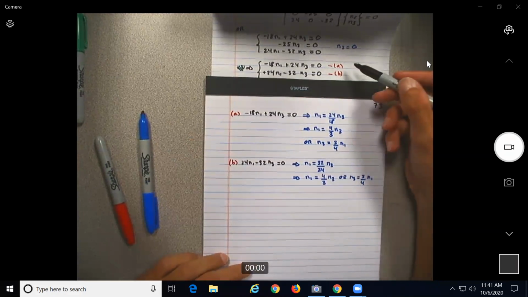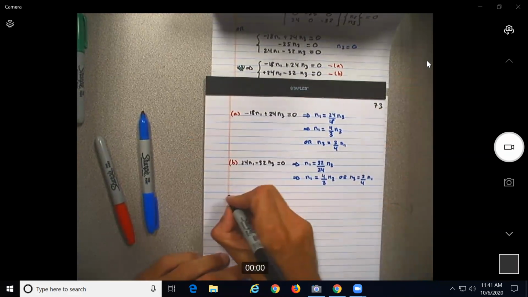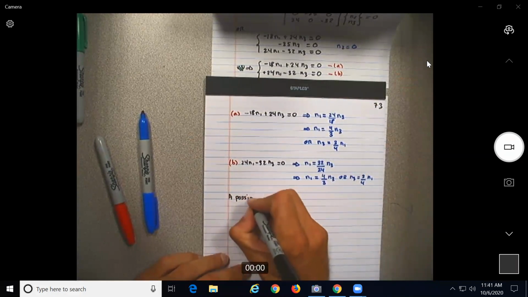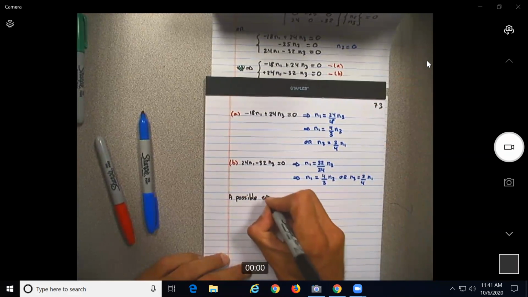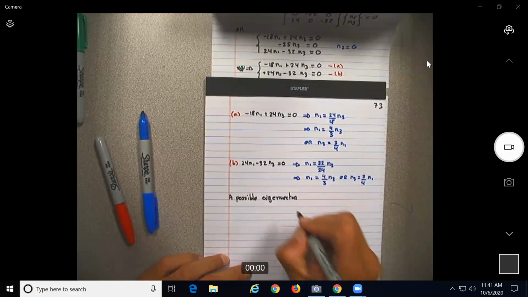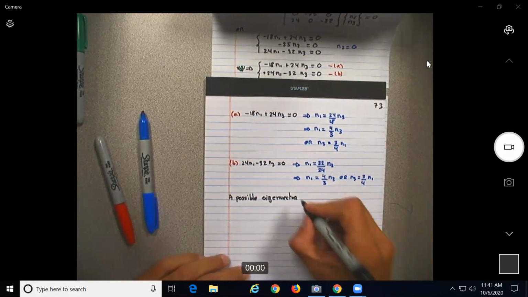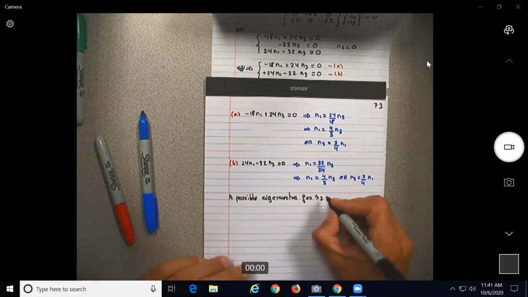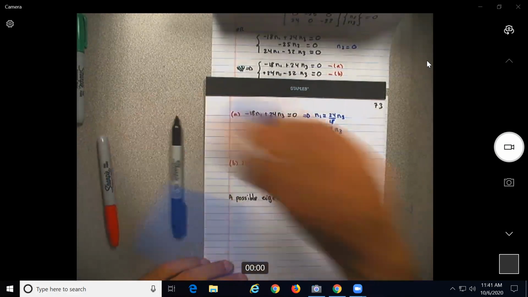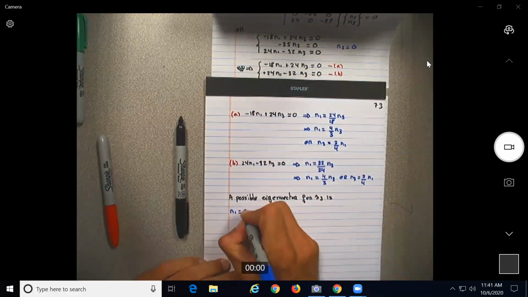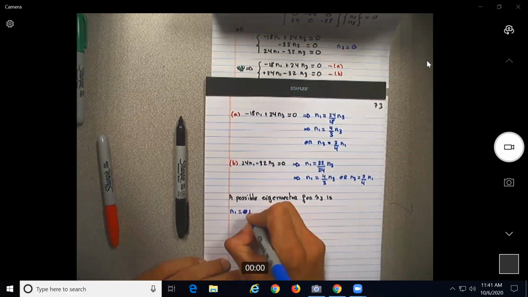So you can choose either one. A possible eigenvector for lambda 3 is what? We could select n1 to be equal to 1.